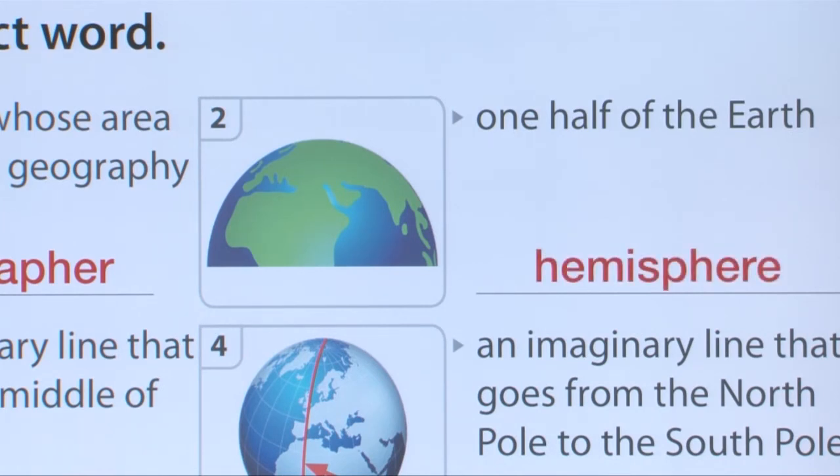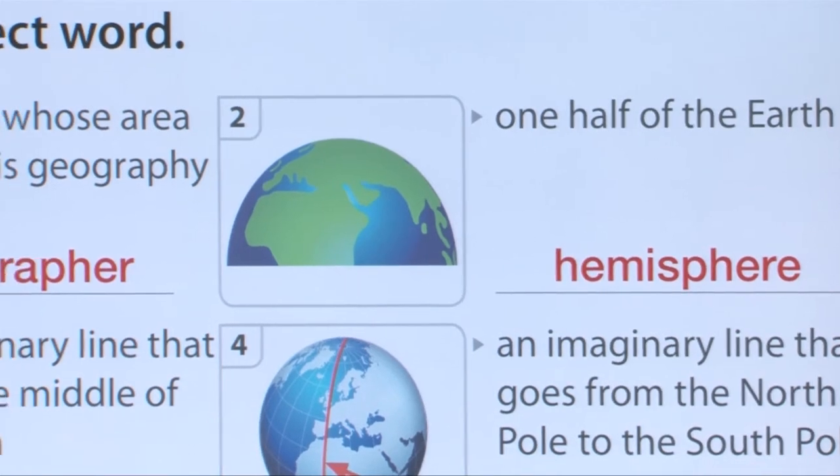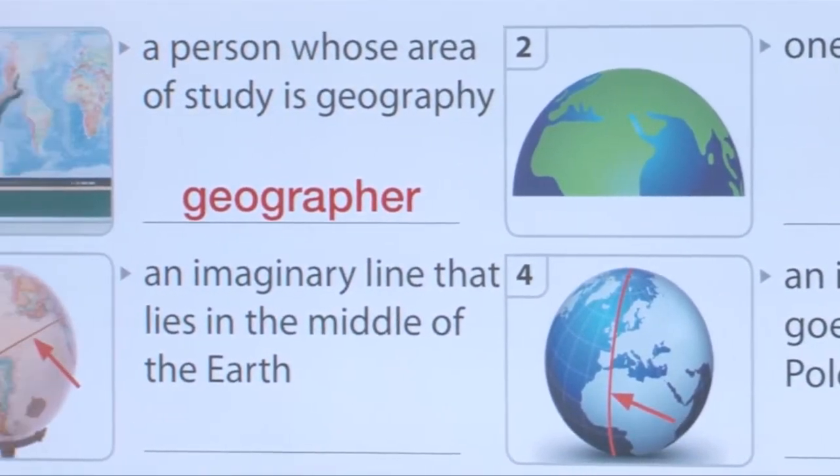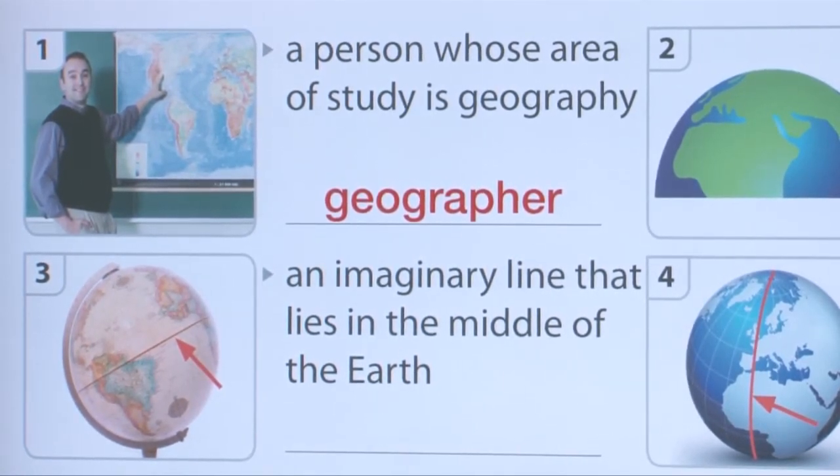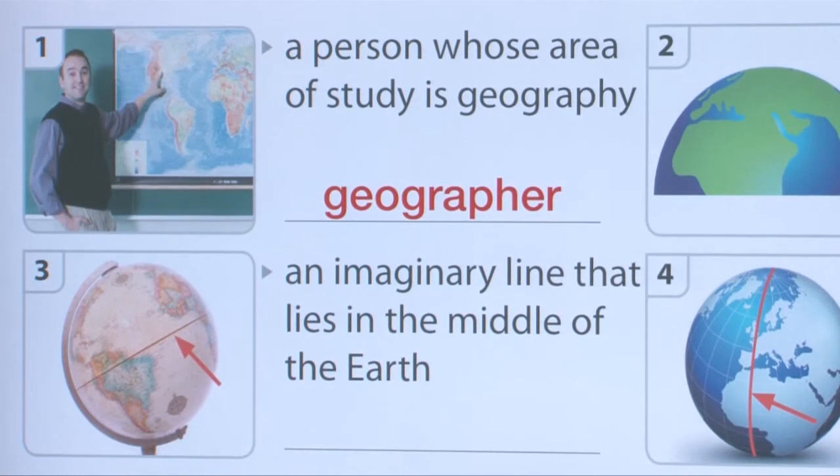A hemisphere. Now, number 3, see that red line? It's an imaginary line that lies in the middle of the earth. Very, very hot area, tropical area, through Brazil, through Africa, and so on. What was it called? Yeah, equator. We call that line the equator.